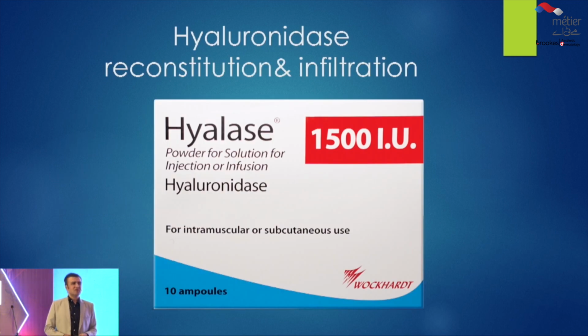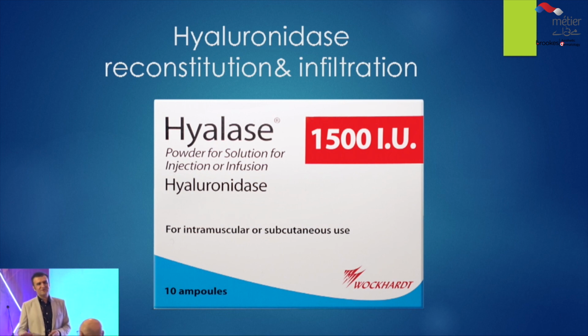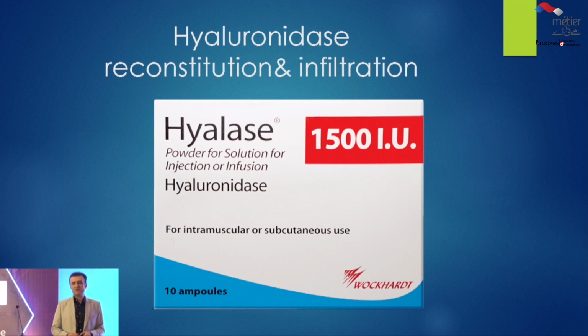Now how to inject hyaluronidase? It's a big issue. You have to inject hyaluronidase for the correction, like the dose is different, while having an emergency situation. If you have a vascular occlusion, then you don't obey the dose. You just have to infiltrate that area subcutaneously as well as intravascularly.